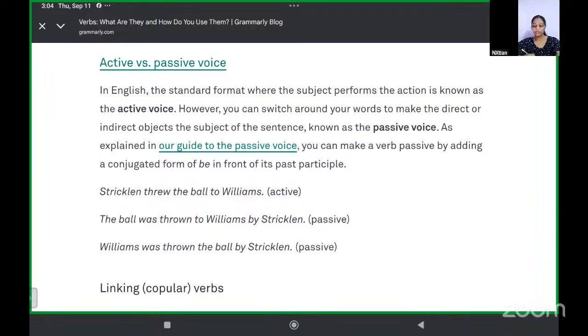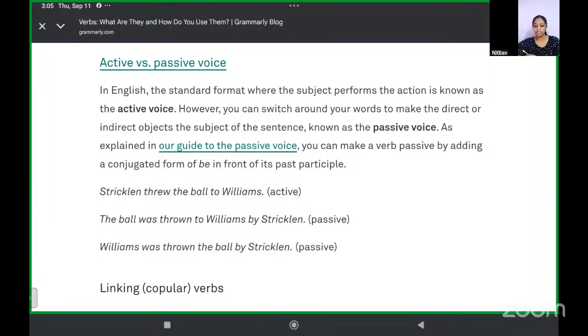Strickland threw the ball to Williams. It is direct, okay? Active voice. The subject is performing the action. But look at the passive version. The ball was thrown to Williams by Strickland, okay?